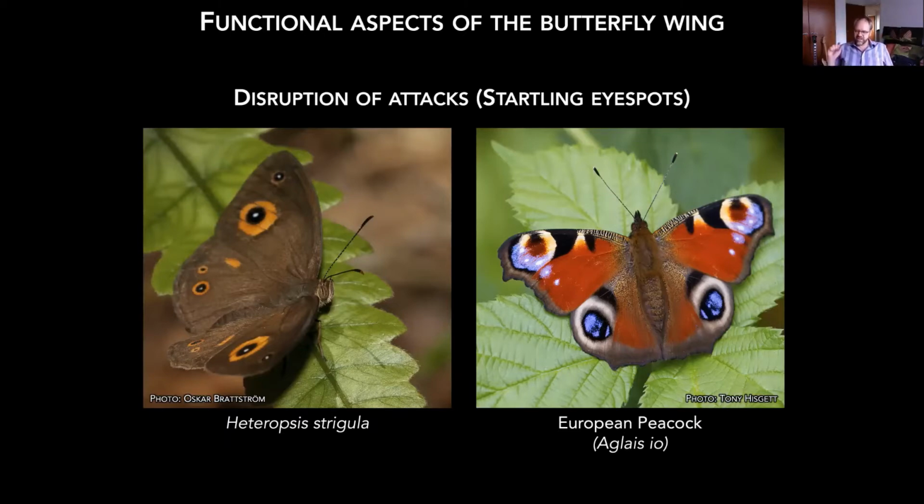And that tiny bit of startling effect that has on the predator, sometimes we're talking just about milliseconds, can be enough for the butterfly to start to escape before the predator realizes that, wait, this is just the same butterfly that I tried to attack. So these eye spots work by just giving them a tiny bit more time to escape.